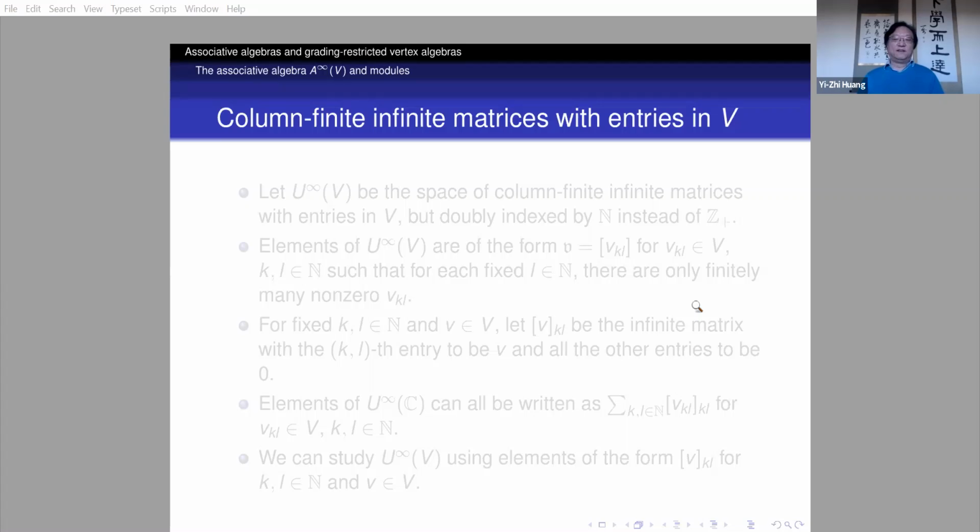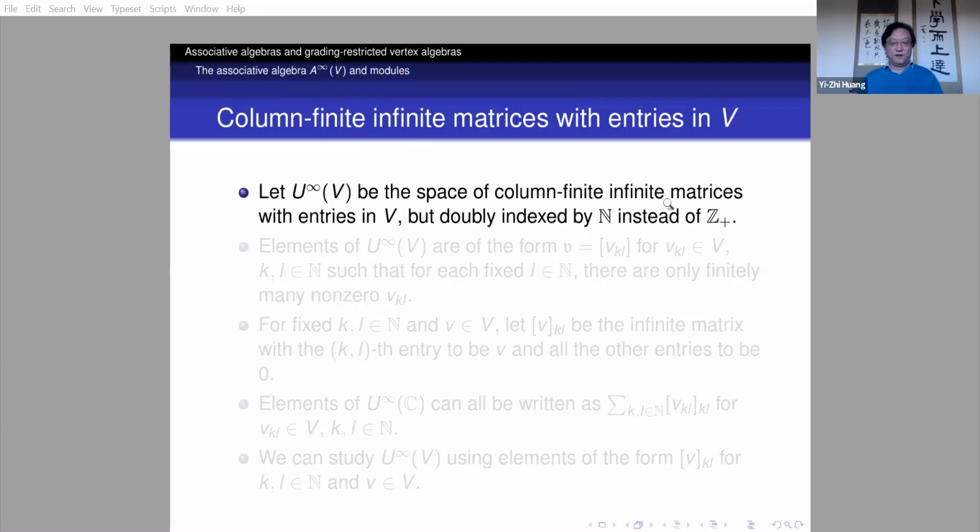So the main thing is that we have to consider so-called column finite infinite matrices with entries in V. I denote this space U_infinity(V) to be the space of column finite infinite matrices with entries in V.